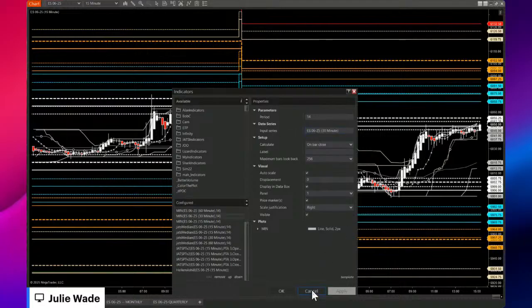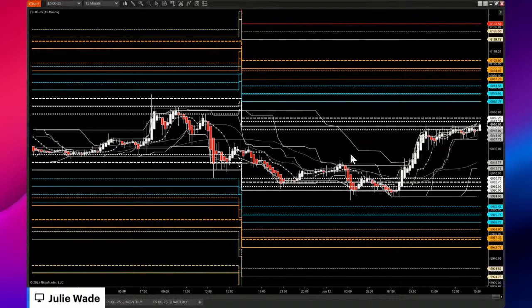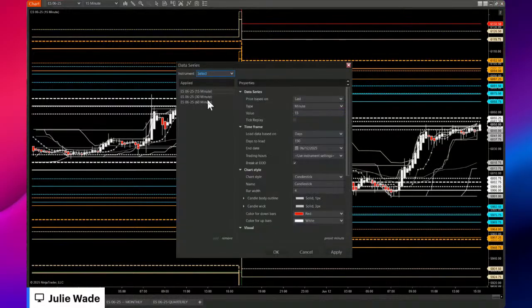First, you have to change your data series and add 15-minute, 30-minute, 60-minute, or whatever you want. You could put daily, weekly, or whatever time frame, 5 minute, 1 minute.